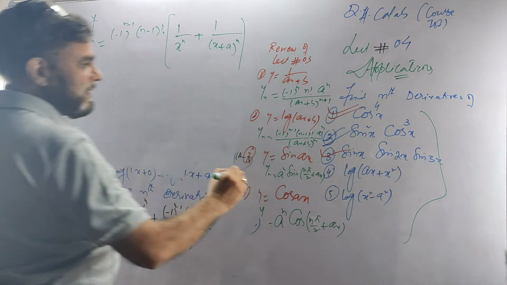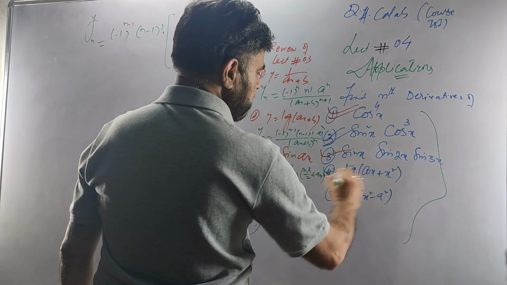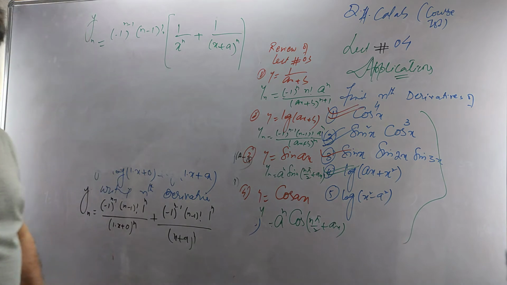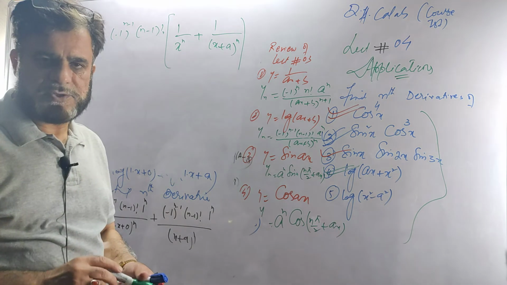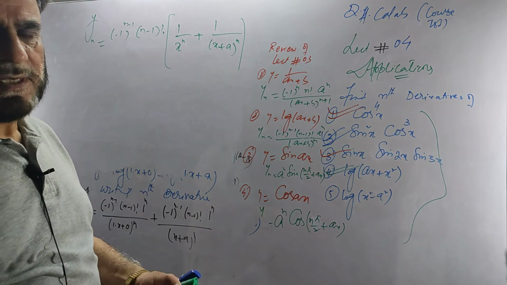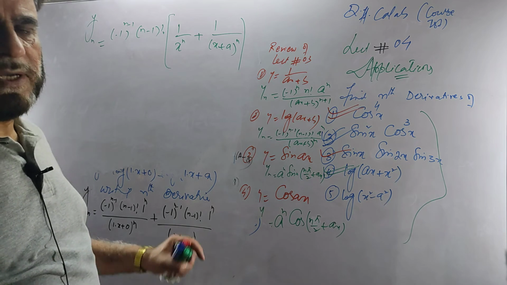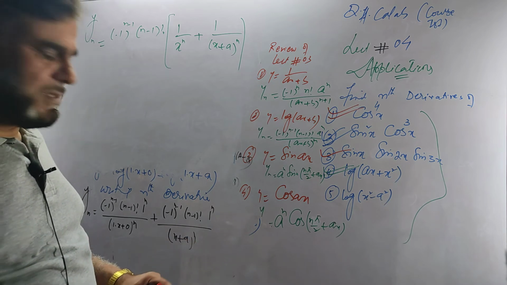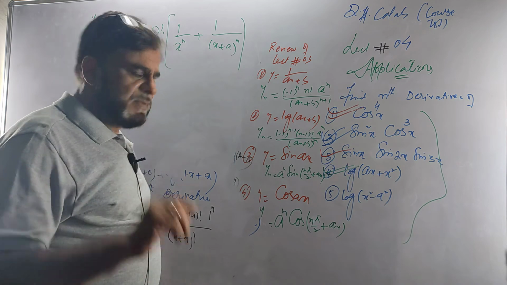This is the nth derivative of log of ax plus x square. This is actually the application of previous results, how we find the nth derivative by using the standard results that you did previously in lecture number 3.